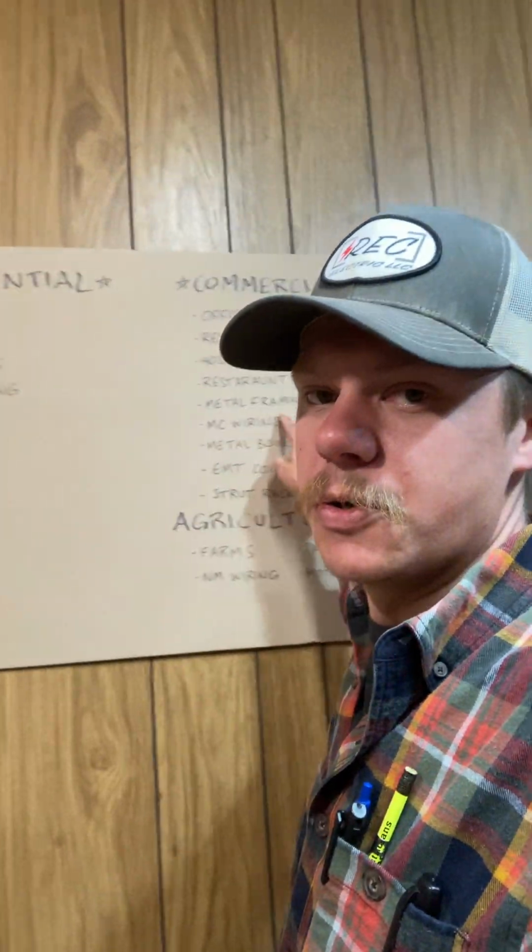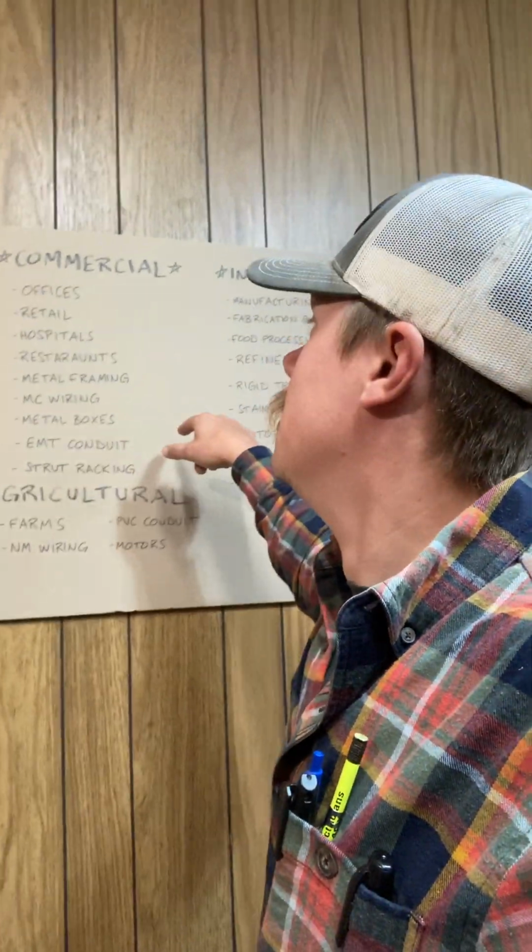And I want to jump to commercial. Commercial, there's a sizable gap between residential and commercial. Commercial would be, in my opinion, stores, retail, office buildings, shopping malls, hospitals can be commercial.